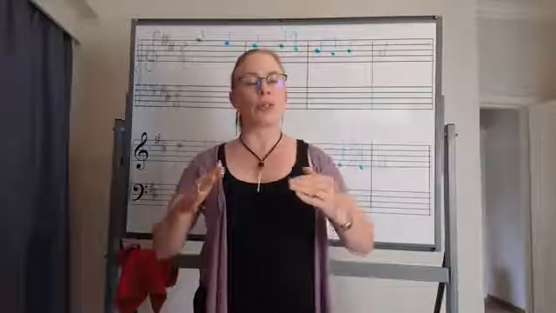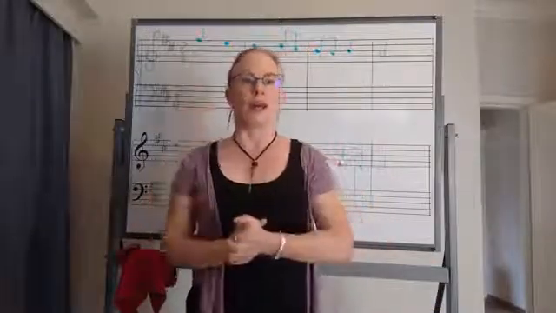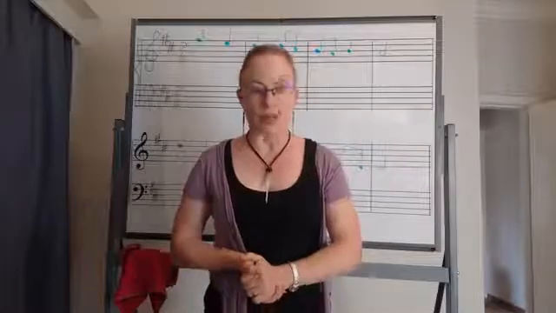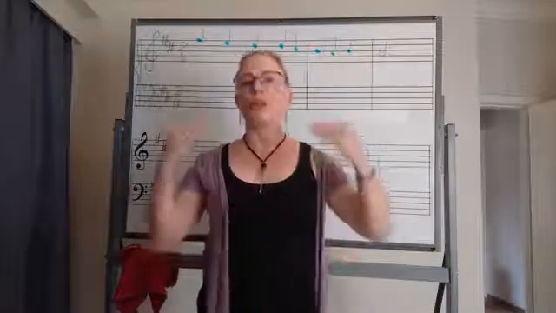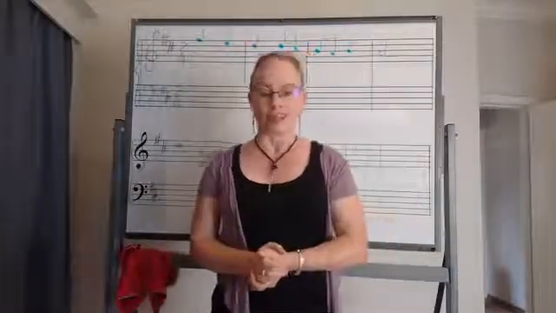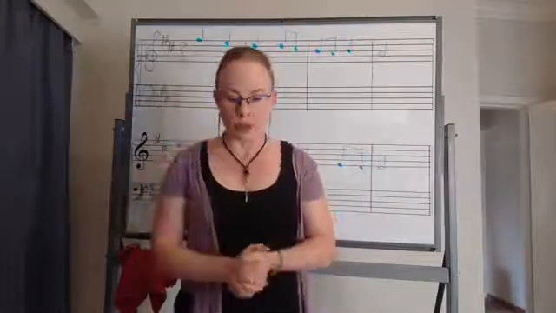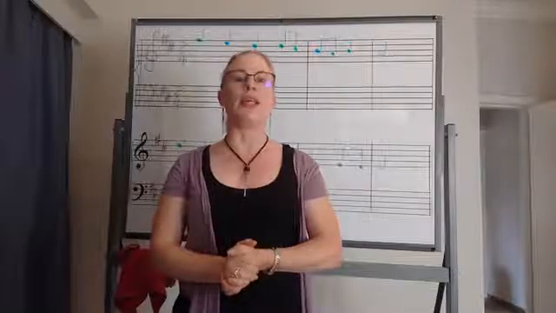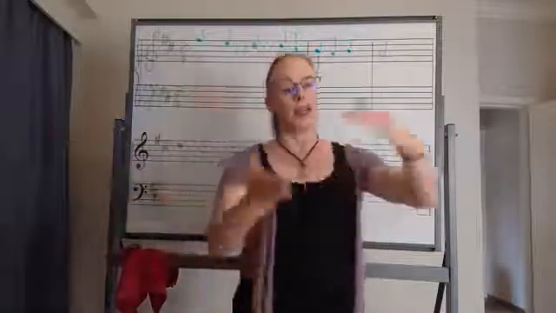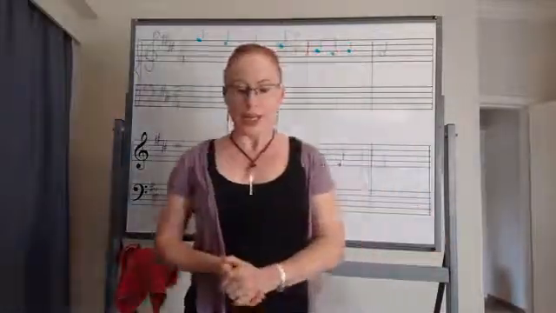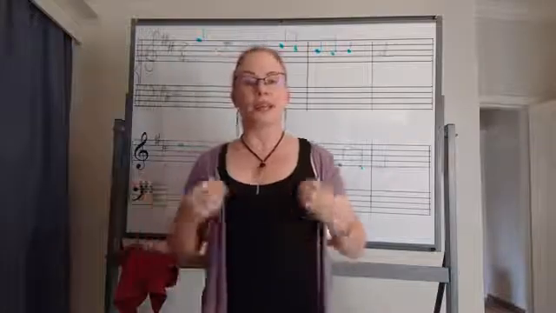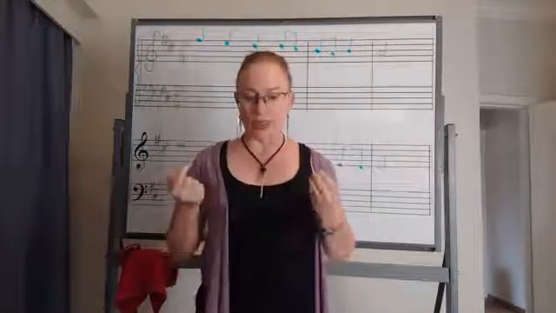Notation: make sure that your stems face in the correct direction, and make sure that your grouping is correct. Your spacing refers to the ranges of your voices, and the voice leading, of course, is the way the voices move together.